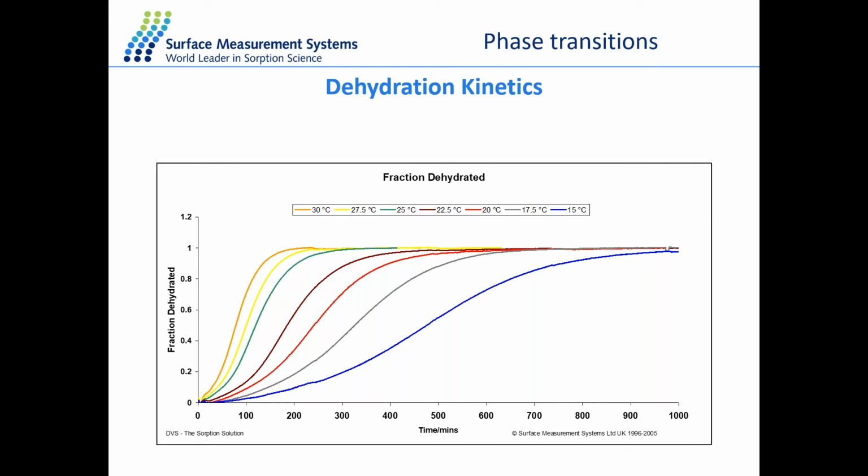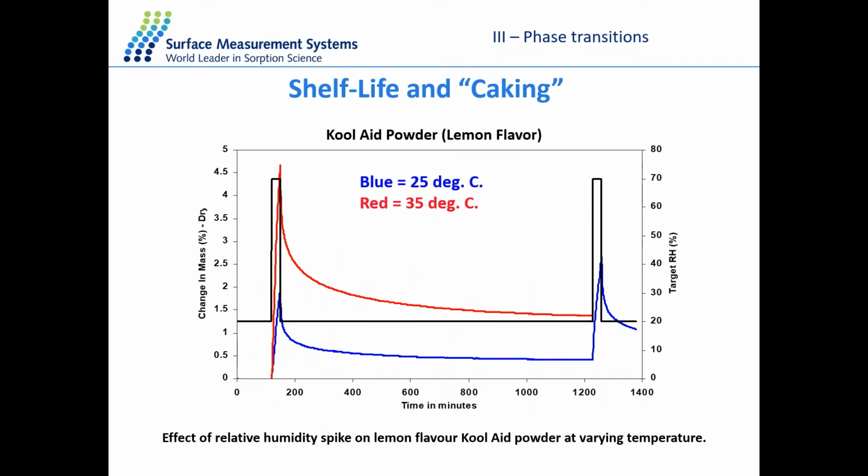Now, this is an interesting factor for a drying curve, but it doesn't represent what we would do with a sample, right? Nobody takes an anhydrous sample and leaves it at 90% relative humidity overnight if they can avoid it.